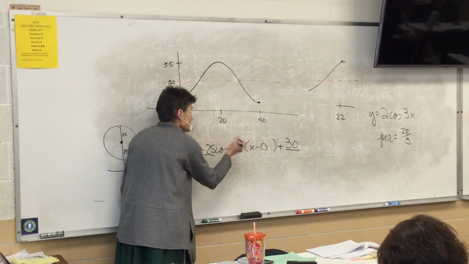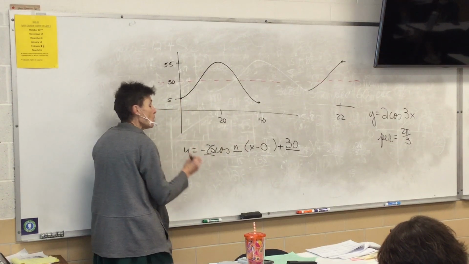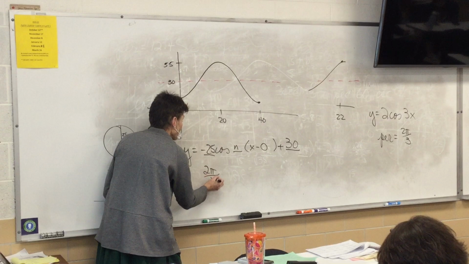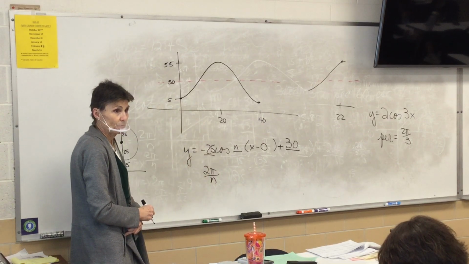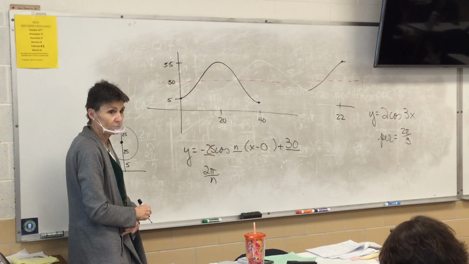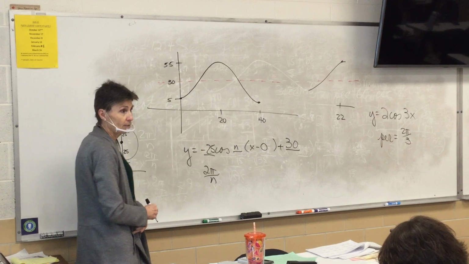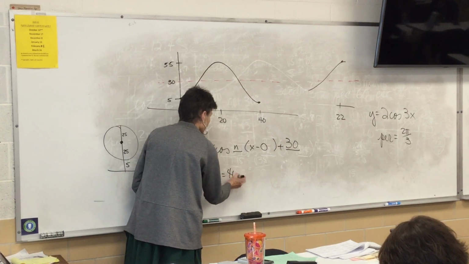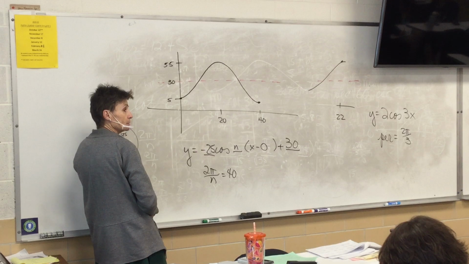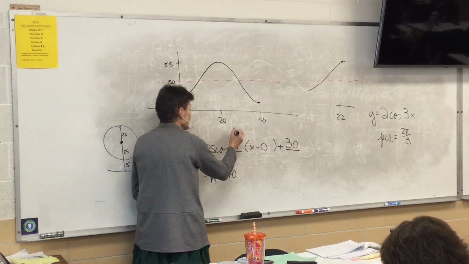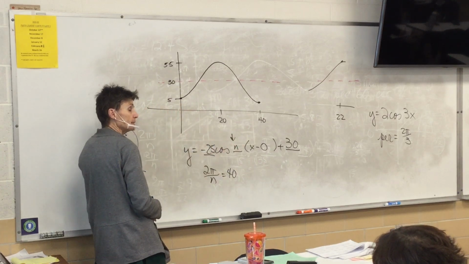And I don't know what this is, but I know that if I divide 2 pi by it, I get the period, right? And the period's 40. 2 pi divided by this number gives you the period.